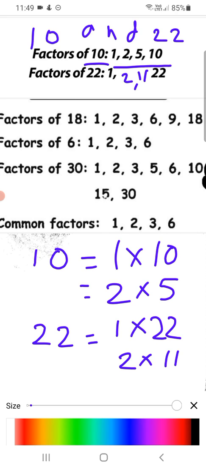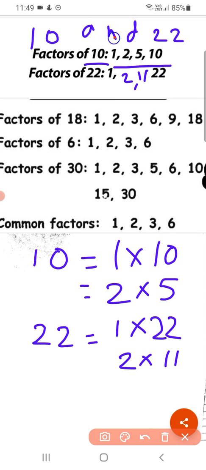So here 1 is common, 2 also common. So the common factors of 10 and 22 are 1 and 2. The factors of 10 are 1, 2, 5, 10. The factors of 22 are 1, 2, 11 and 22. So the common factors are 1 and 2.